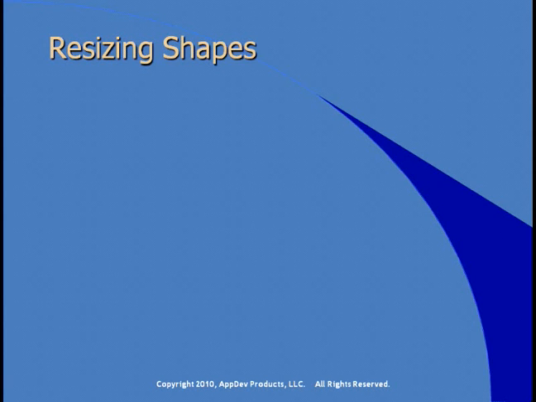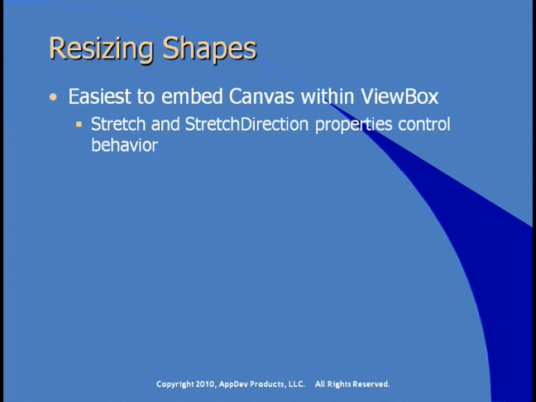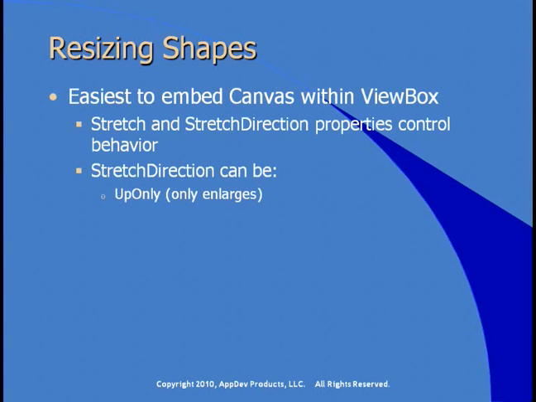If you want to resize shapes once they're placed in your design, the easiest way to do that is by using a viewbox control. You can embed your canvas within a viewbox and then set the stretch and stretch direction properties to control the behavior of your shape. You've already seen the stretch property. The stretch direction property can be one of up only, which means your shapes will only enlarge.